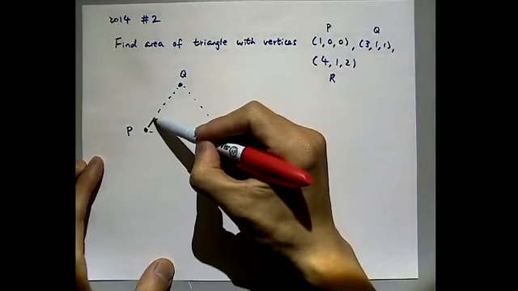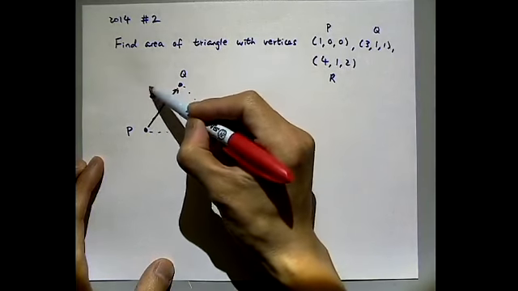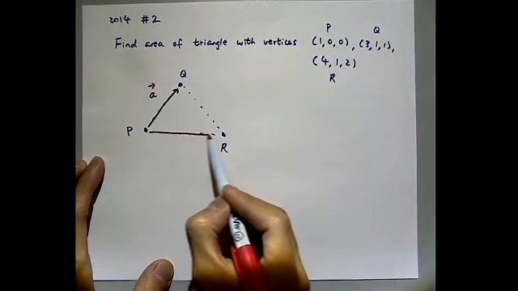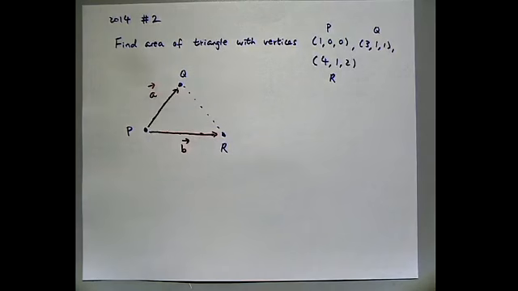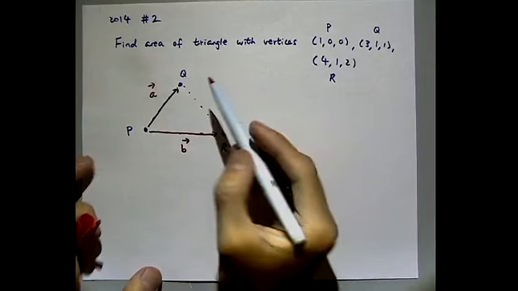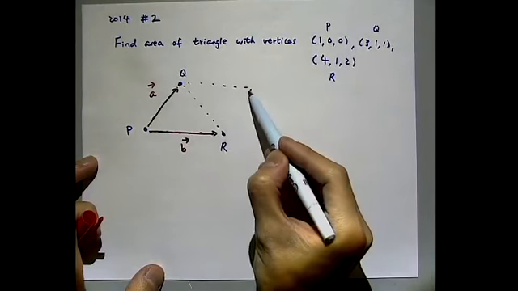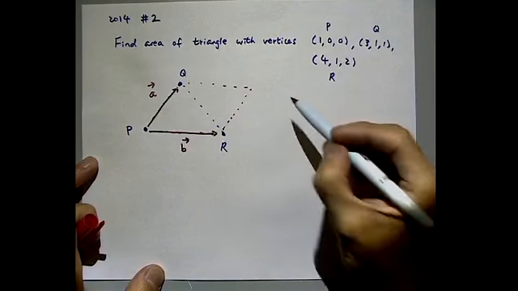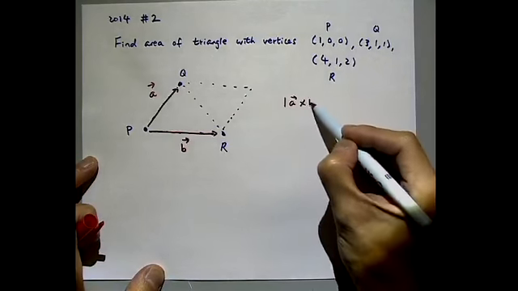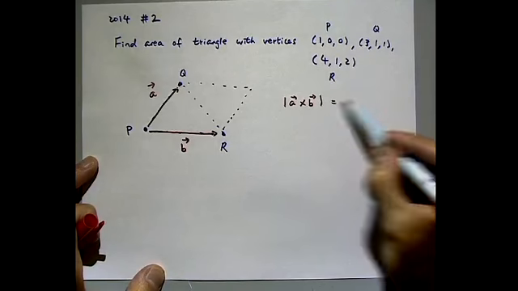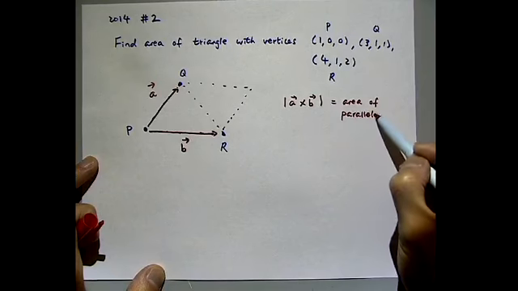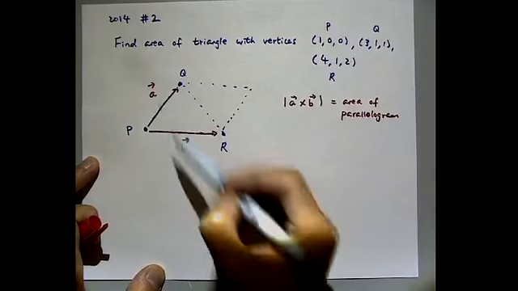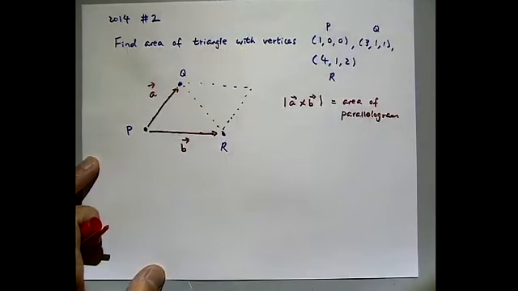Let's come up with a vector that goes from P to Q. Call that A. And then a vector from P to R, call that B. And we know from earlier that if I cross them and find the magnitude, I get the parallelogram. If I just want a triangle, then I divide it by 2, right?